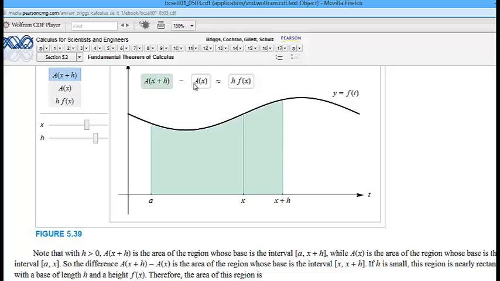And if you subtract A of x, well, that's from a to x. What you're left with is a little strip right there. And they claim these are approximately equal. Now, are they exactly equal? Why are they not exactly equal? Where's the error? Do you see the little white triangle-ish thing above? That's an error. But as h gets closer and closer to 0, the rectangle is a better approximation.